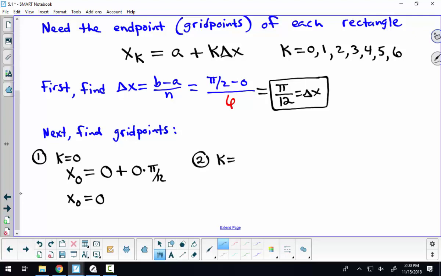Next grid point comes from when k equals 1, so that's x sub 1 equals a plus k times delta x, 1 times delta x. That's pi over 12 for the next grid point.